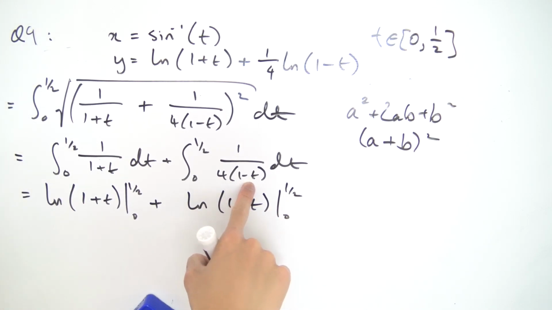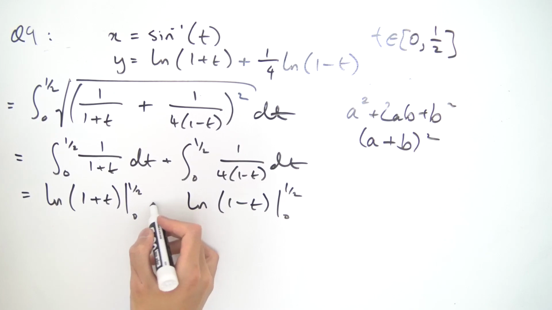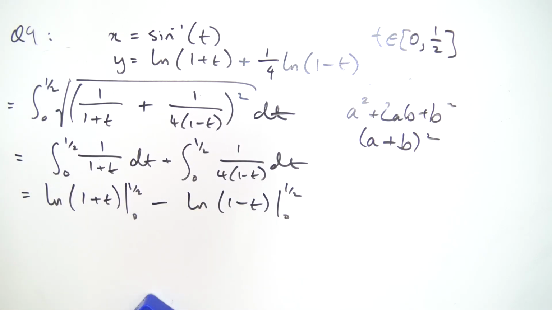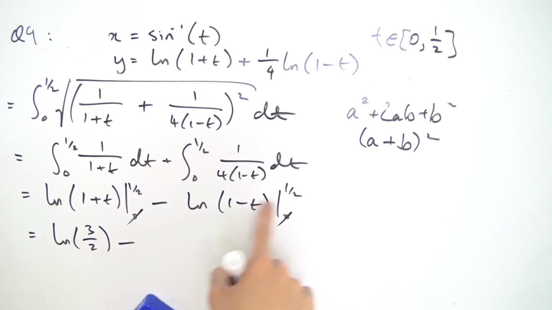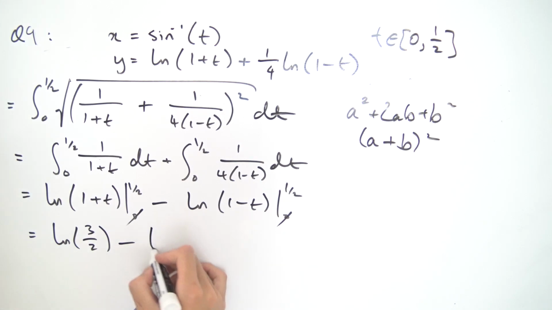But because of this negative, we have to use a bit of chain rule, so that should be a negative outside. And notice if you plug 0 into this t, natural log of 1 is 0, so let's ignore that. Same deal over here. And now we're left with natural log 1 plus 1/2 is 3/2, minus, now 1 minus t, which is 1/2, so 1 minus half, which is 1/2, so natural log of 1/2, like so.